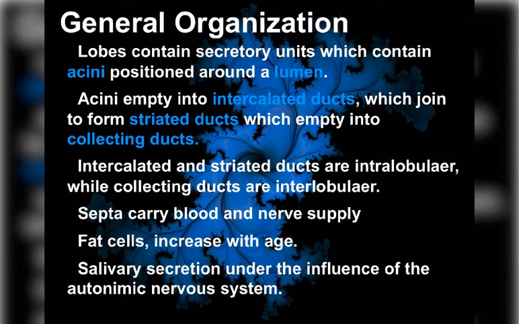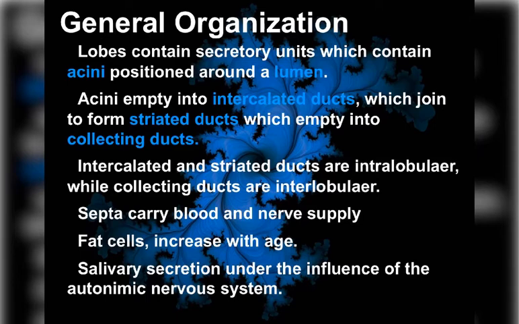Intercalated ducts group together and pour into striated ducts. Striated ducts group together into collecting ducts, and collecting ducts include minor collecting ducts and major collecting ducts, and the major collecting ducts group together to pour the secretions into one main excretory duct.